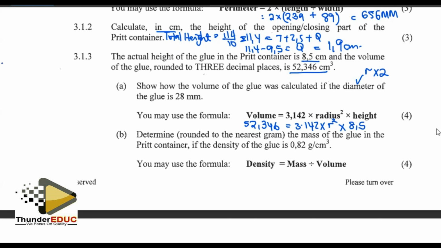This is part B. Volume equals pi r squared h. Remember, they've given us the volume already.